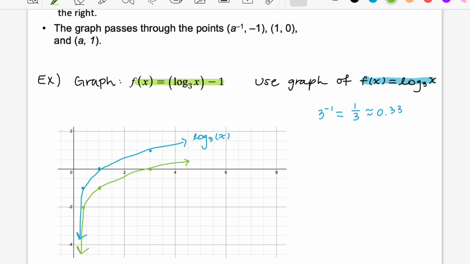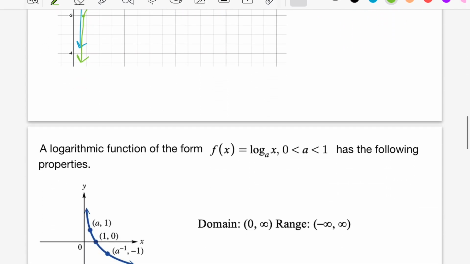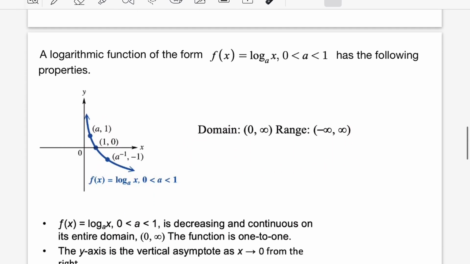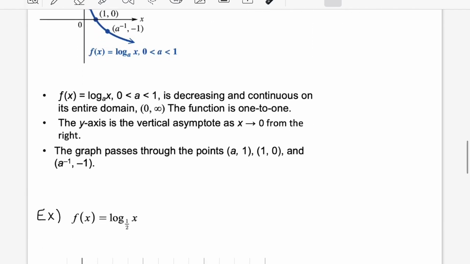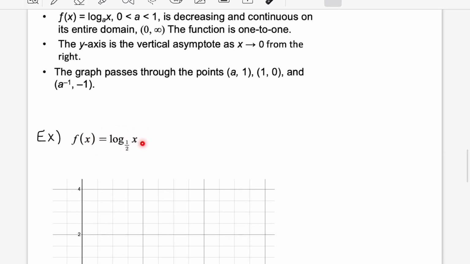All right, let's look at another example here. We're looking at a log function of this form, where our base a is now between 0 and 1. In this case, this is our domain and range. Our graph looks like this here. We still have our vertical asymptote as the y-axis, and our graph is now going to pass through these 3 points. So let's do an example of this here. In this case, we don't have any graph translation here.